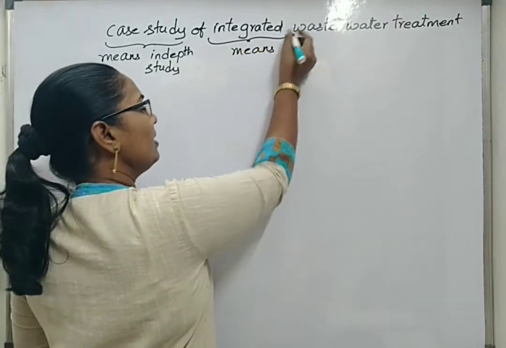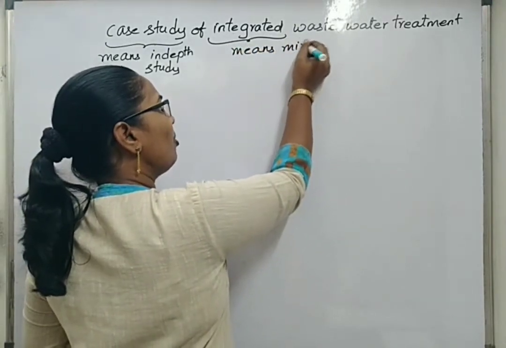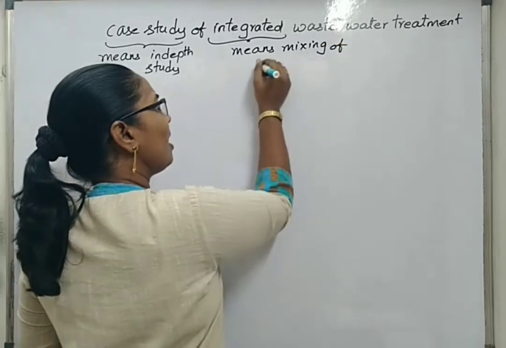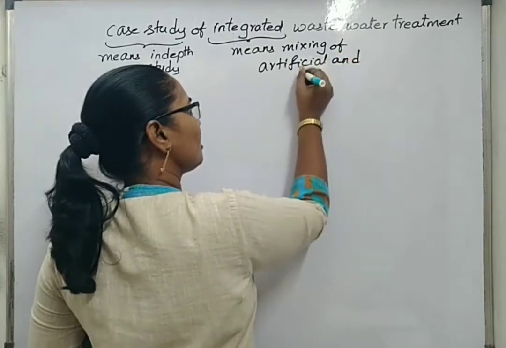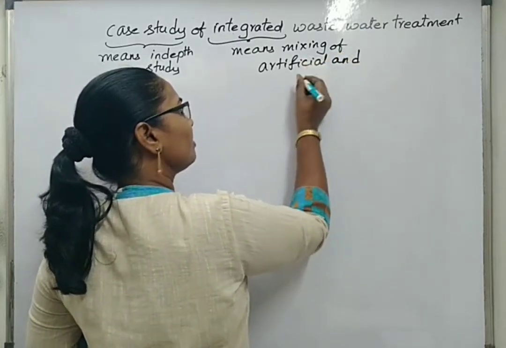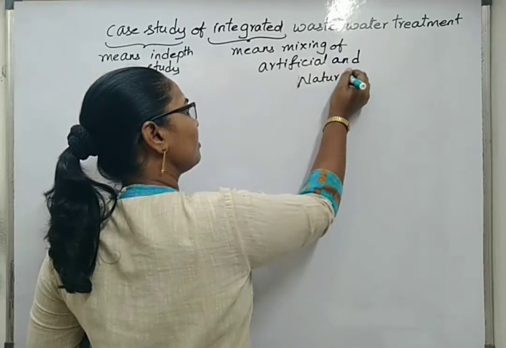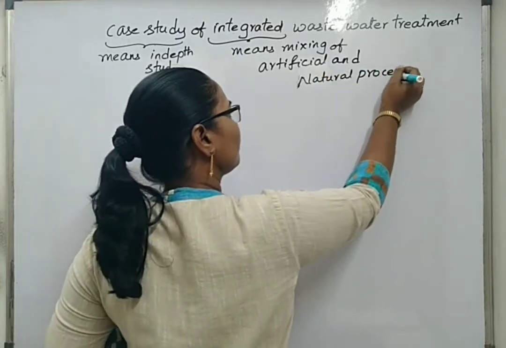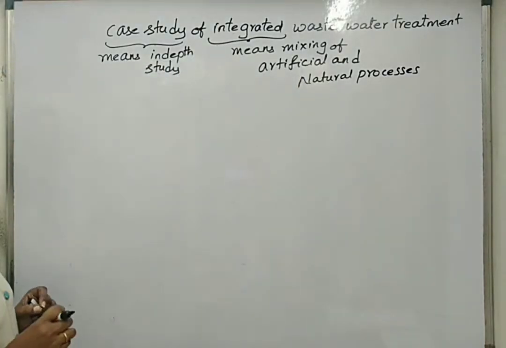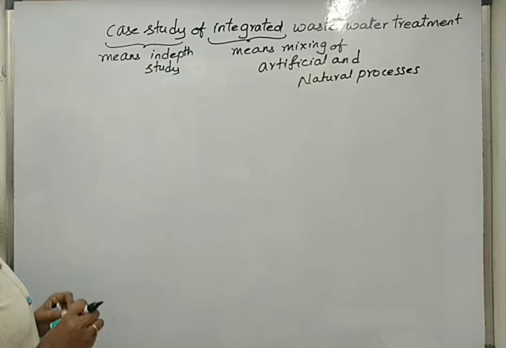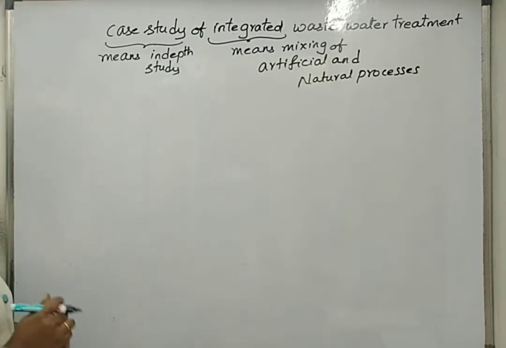So integrated here means mixing of artificial and natural processes of wastewater treatment, so that the solid waste or the chemicals present in the wastewater are removed, so that normal water in usable form will be available.